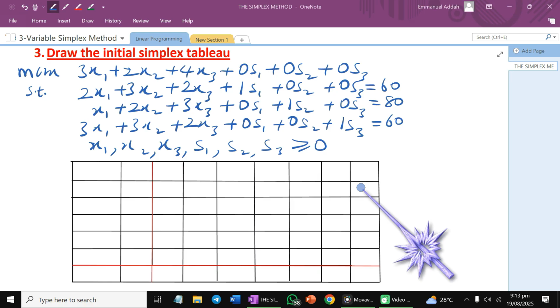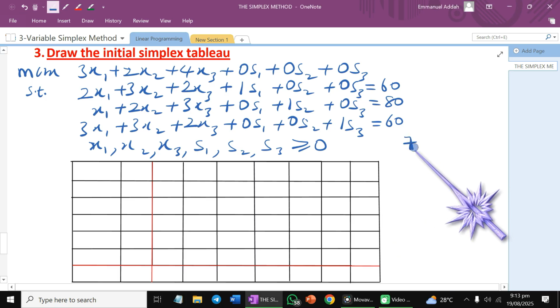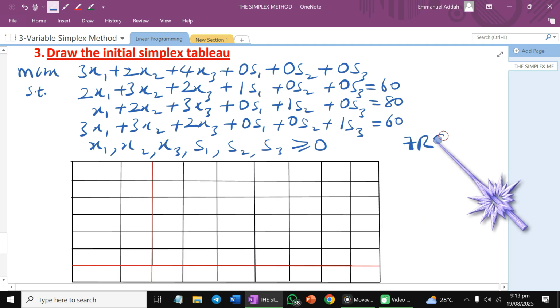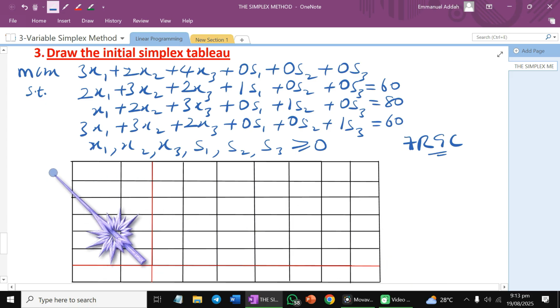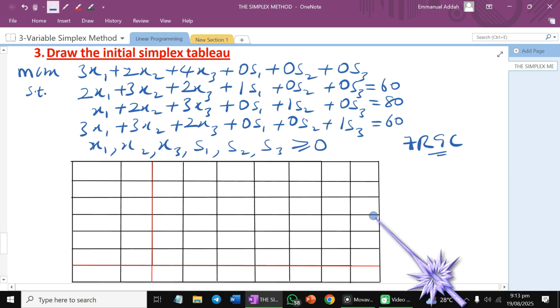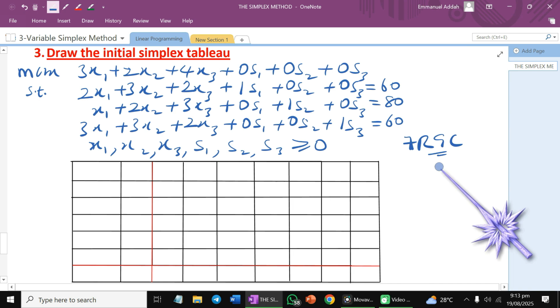So for this setting, it's going to give us 7 rows and 9 columns. You have 1, 2, 3, 4, 5, 6, 7 rows. You have 1, 2, 3, 4, 5, 6, 7, 8, 9 columns. So this is the table you should draw, 7 rows and 9 columns.